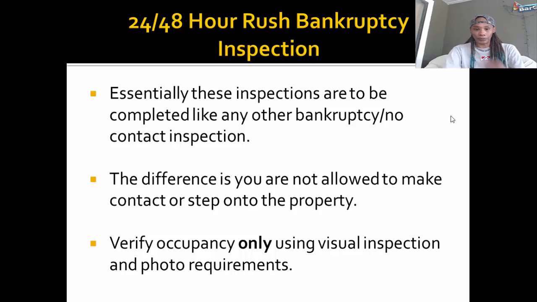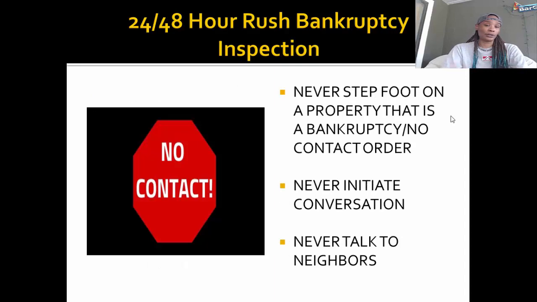And they're usually due back within 1 business day or 2 business days, depending on what kind of order you have, 24-hour or 48-hour. All right, so here are some things. Never step foot on a property that is a bankruptcy no contact order. I cannot express to you more how important that is, because you could cause some legal ramifications if you do that.